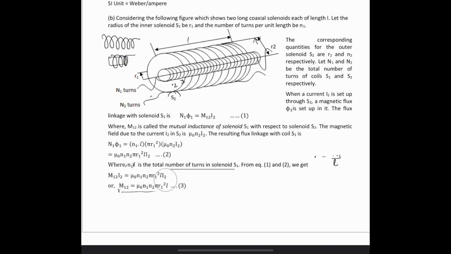Take this screenshot, the complete answer of this question. So we have answered A and B.